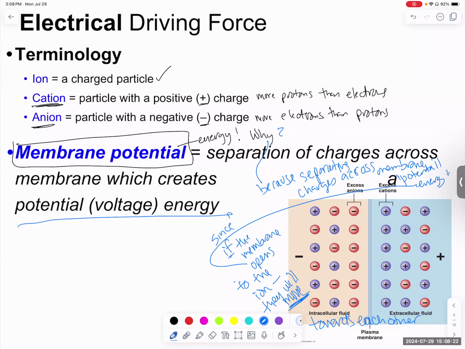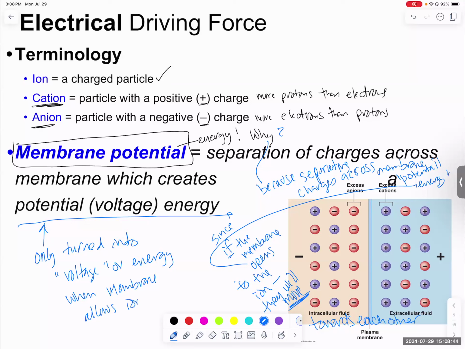And so it's called potential voltage or energy because it's only turned into voltage or energy when the membrane allows ions to move across the membrane. That is to say, up until the membrane allows these ions to move, it's only potential to create a voltage or energy.